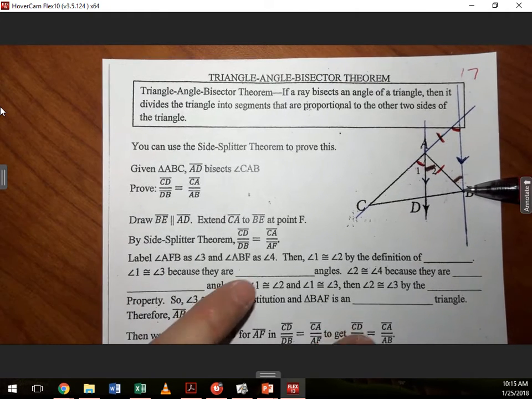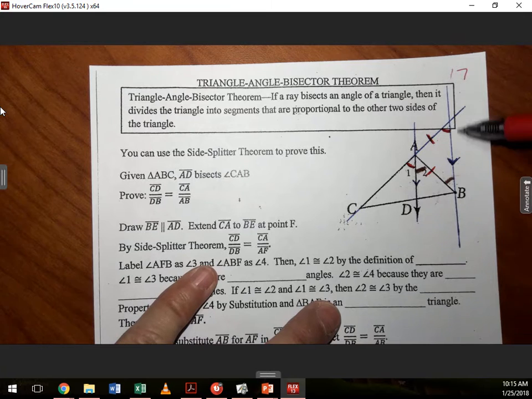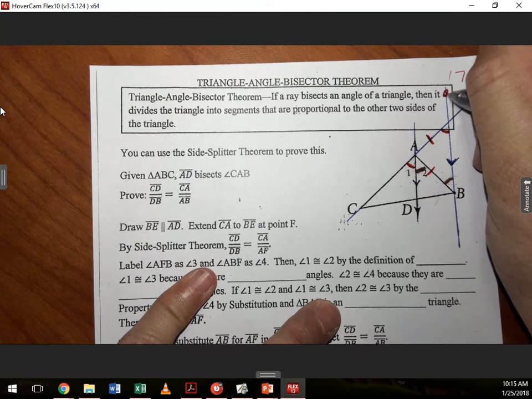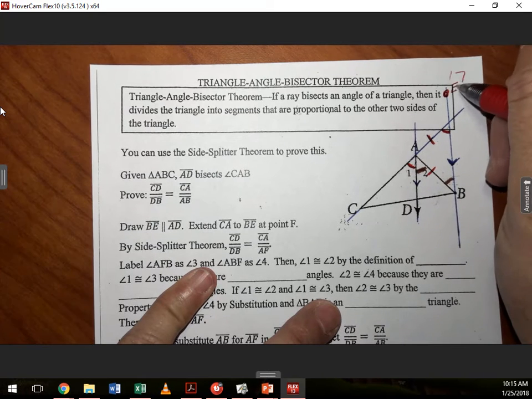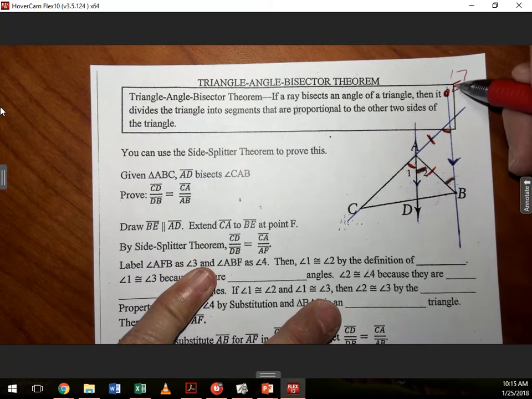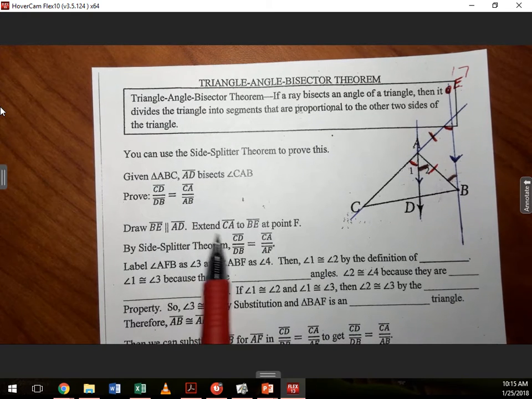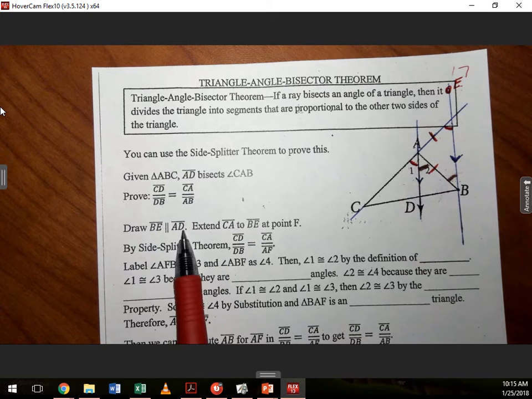So B, and then up here, we're going to draw a, so this is one of the lines that we drew, and I'm going to put a point over here at the end. I'm going to call this one here E, because it was asking us to do this right here in this step, right here. So extend, okay, draw BE and AD.